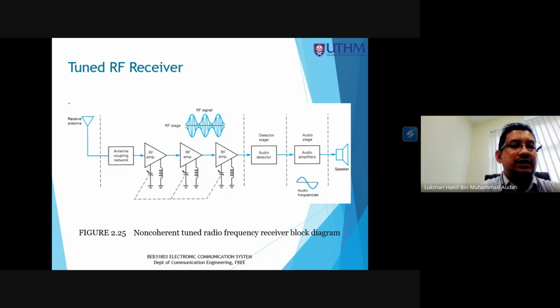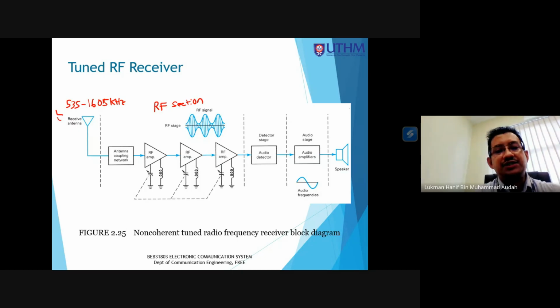The antenna will receive all the frequency bands, for example for AM frequencies, which is between 535 and 1605 kilohertz. The antenna will receive all the frequencies, and then it will go through the RF section, the radio frequency section.